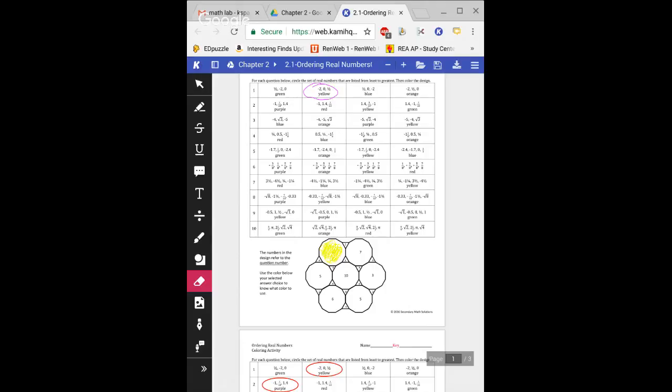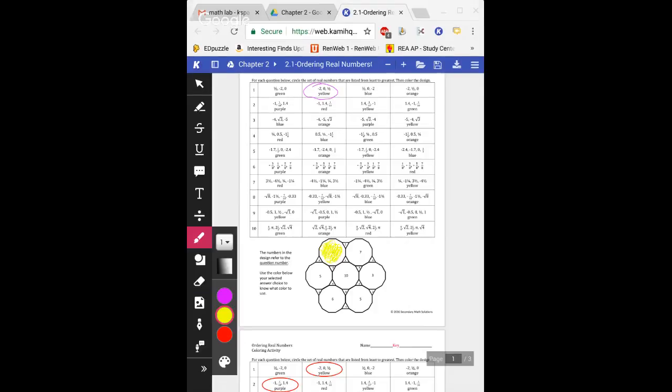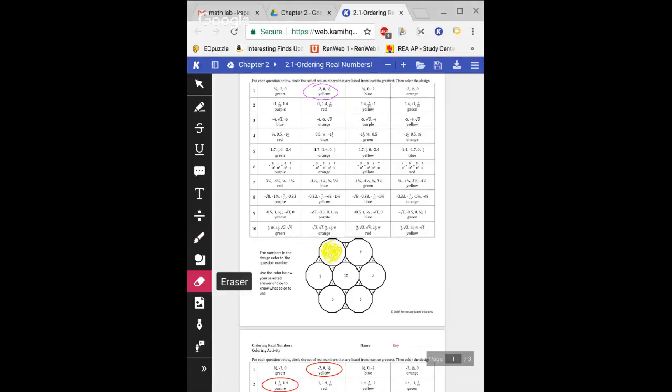That's why I was telling you guys you might need a separate sheet of paper to work those out. What you want to do anytime that you're ordering numbers, what is the very first thing that you guys want to do?